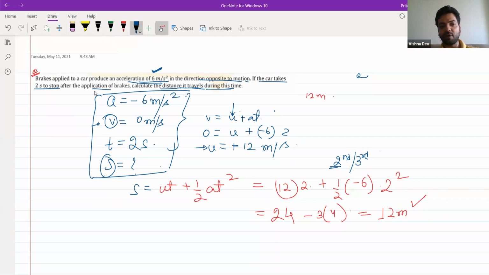At the final point, it will stop and its velocity will be 0. It's clearly indicated, so we cannot make it the initial velocity. So what you can do instead is find the initial velocity by using the equation. Okay, so I hope everything is understood for this problem by everyone.